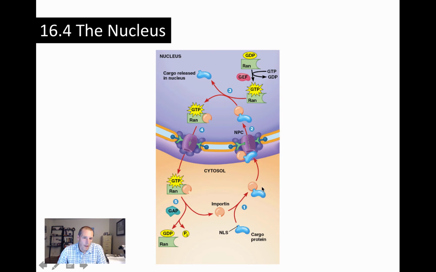Then the importin-protein complex moves to the nuclear pore complex, and the importin associates with the nuclear pore complex, and the whole thing is then transported through the nuclear pore and into the nucleoplasm.